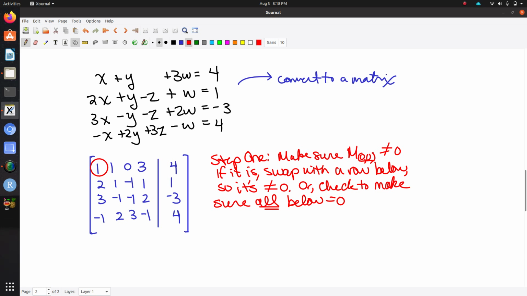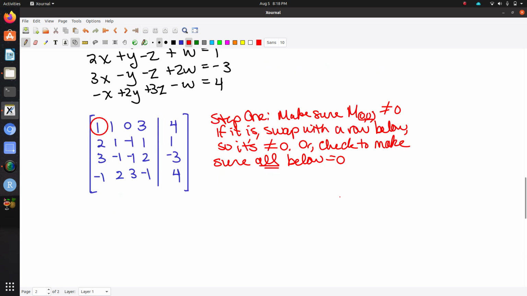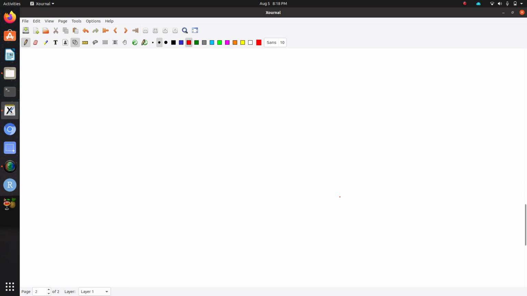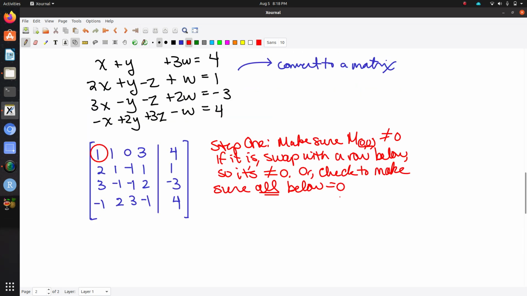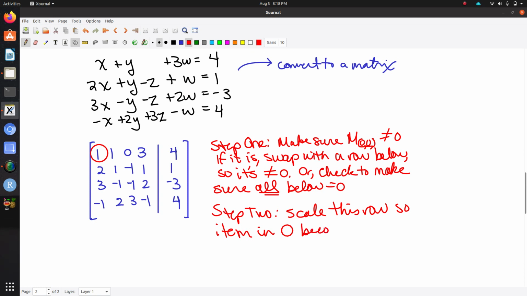Okay, and so now I'm going to scale it, step 2, so that it becomes 1. So step 2, scale this row so item in the circle becomes 1.